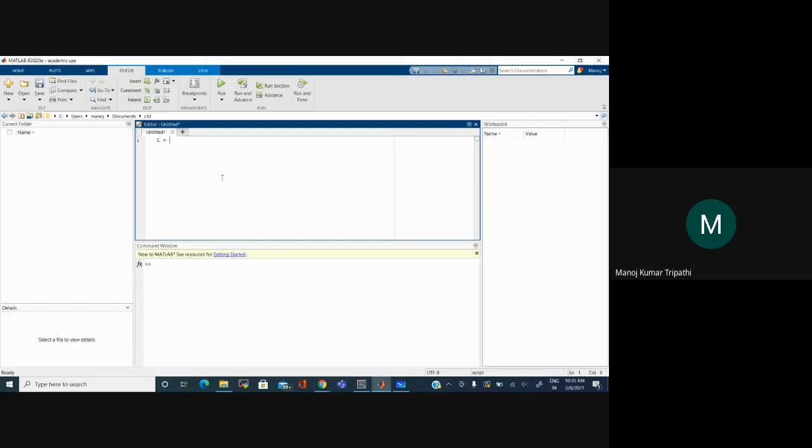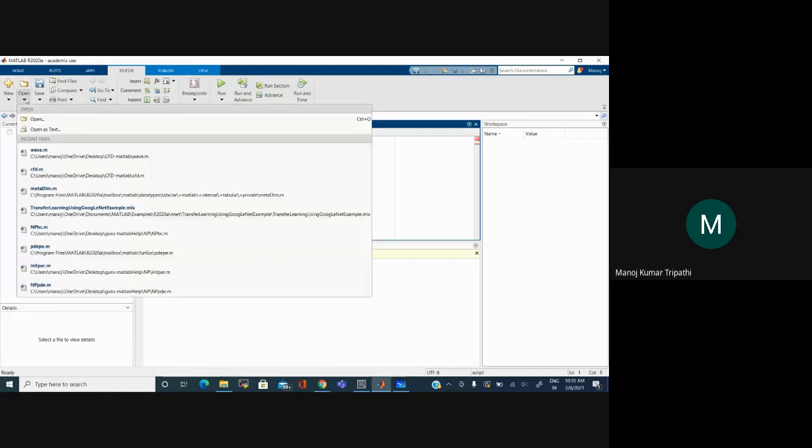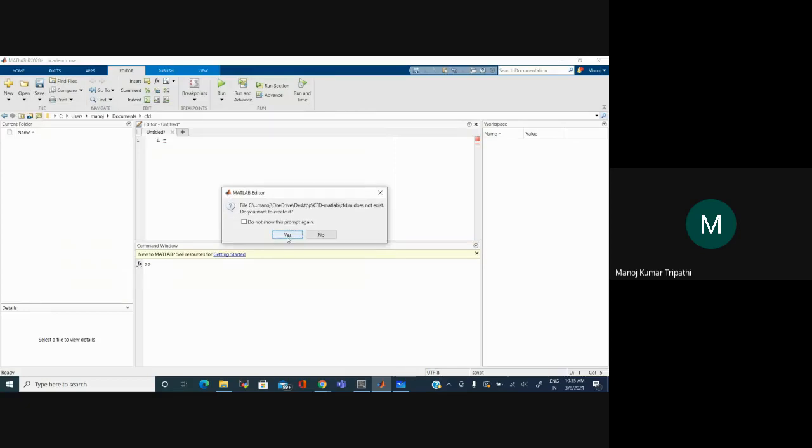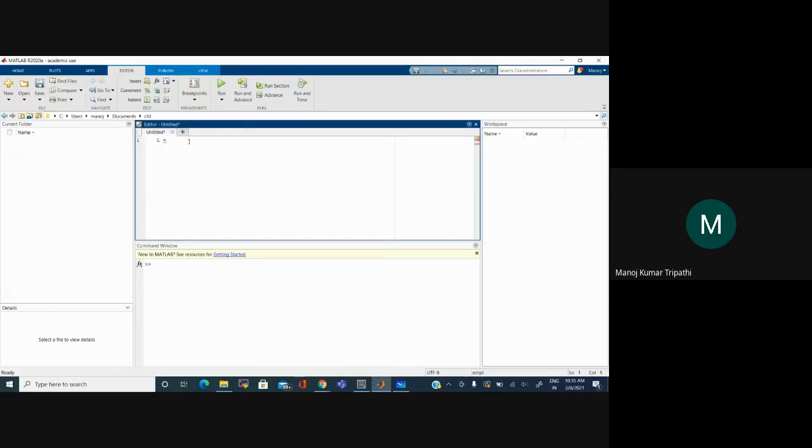Seems like the old file is not there, so we'll just create one here. Let's say the length of the rod is 1. Number of grid points are 101, and dx will be L by nx minus 1.